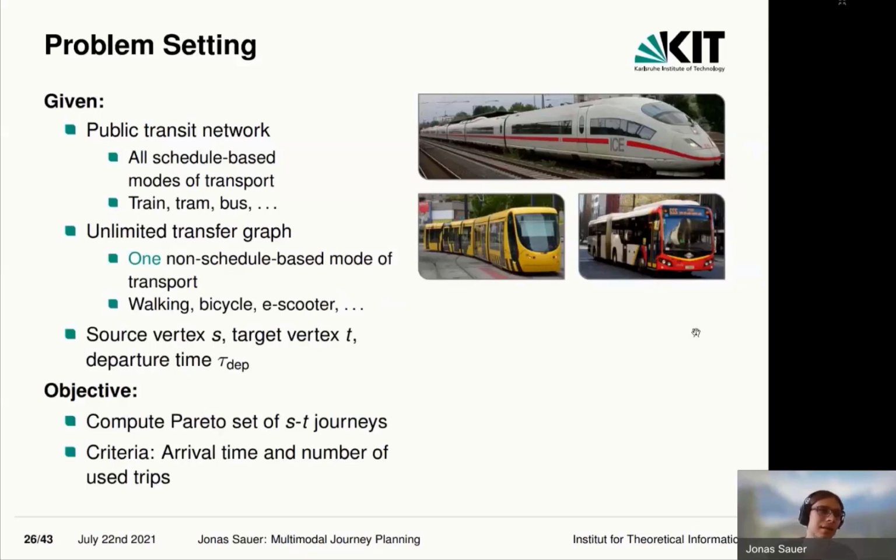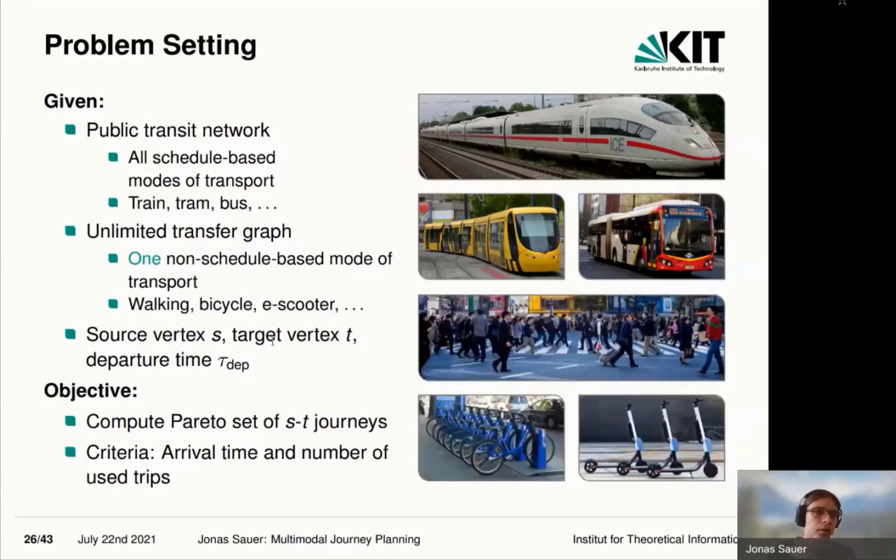We are given a public transit network which models all schedule-based modes of transport: train, tram, bus, and so forth. And we have an unlimited transfer graph. To make it a bit easier on ourselves, we only allow one non-schedule based mode of transportation. That can be walking, cycling, e-scooter, and so forth. So just one extra mode, which we call the transfer mode.